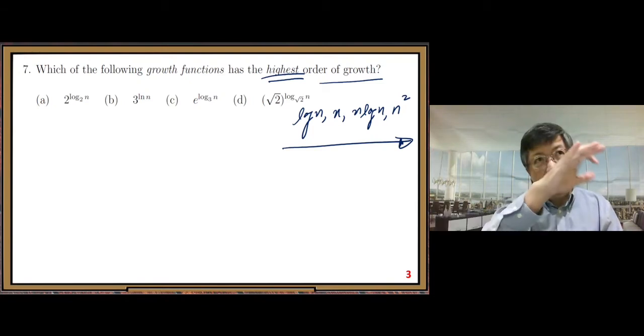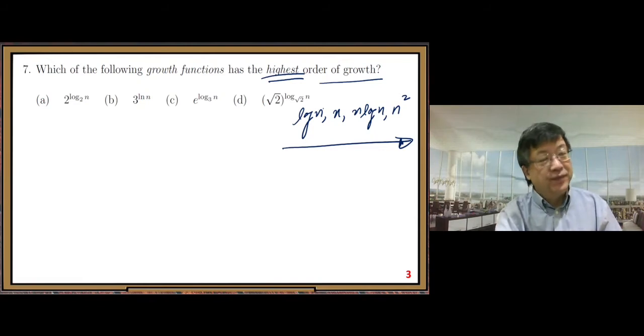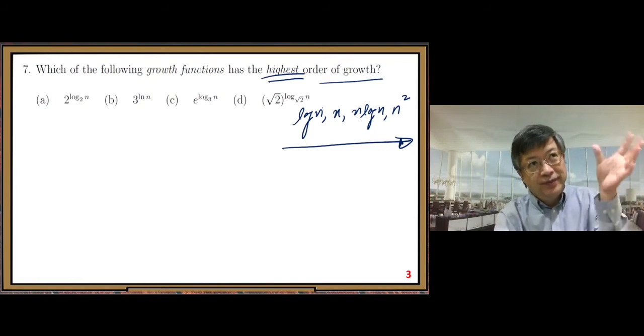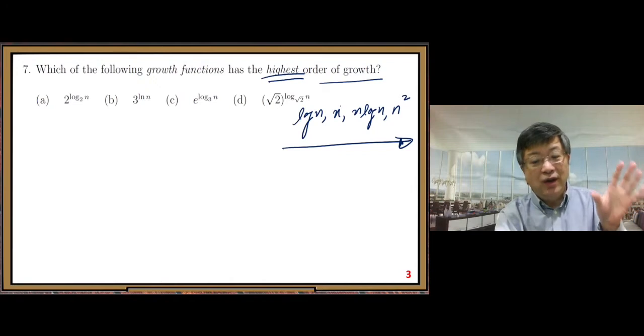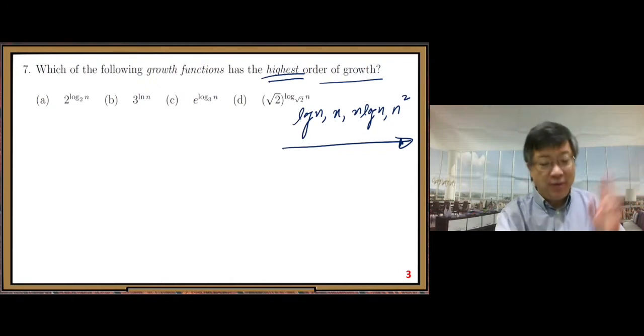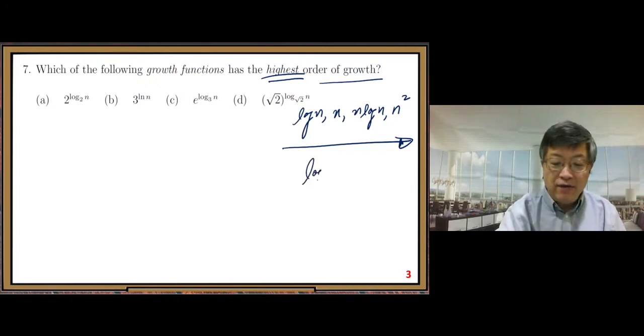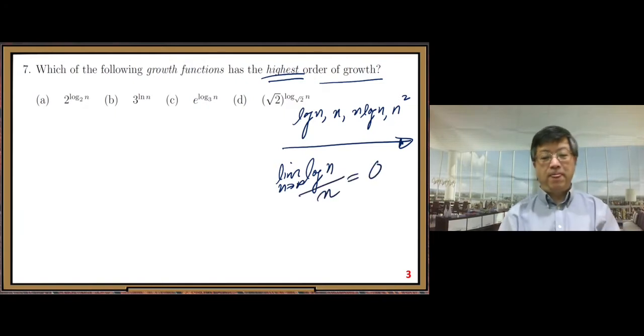If we compare these 4 functions, log of n, we know, is much lower than n. Remember, we have this limit: log of n over n equals 0. We did that with L'Hopital's rule.